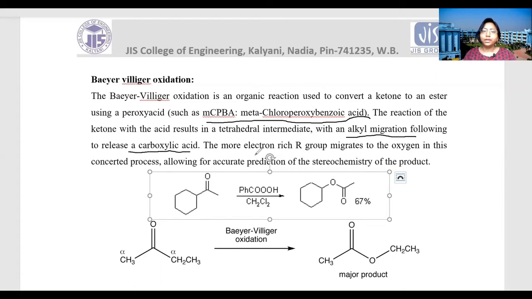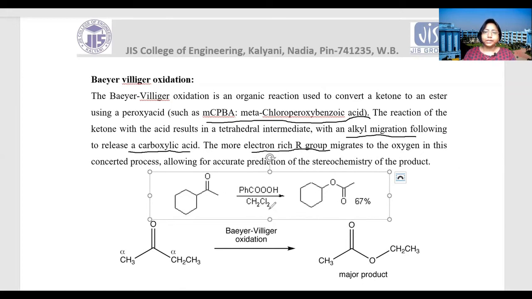The more electron-rich R group migrates to the oxygen in a concerted process, allowing for accurate prediction of the stereochemistry of the product.